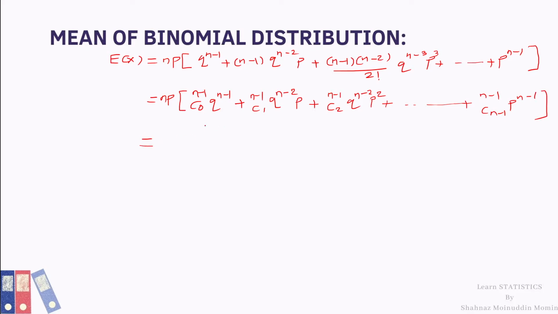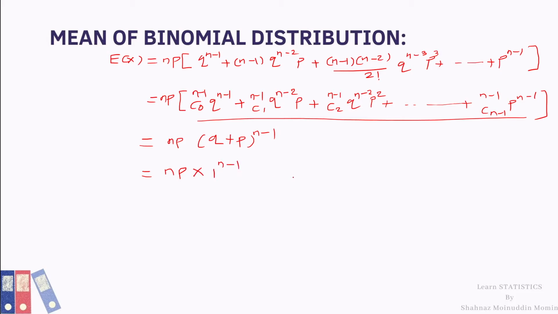We know that the term in the bracket is nothing but the binomial expansion of q plus p raised to n minus 1, and since p plus q is 1, it is 1 raised to n minus 1.